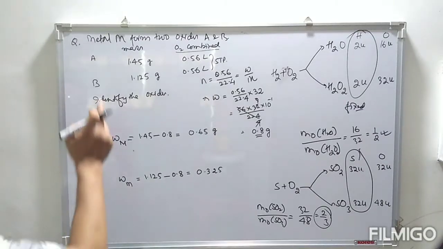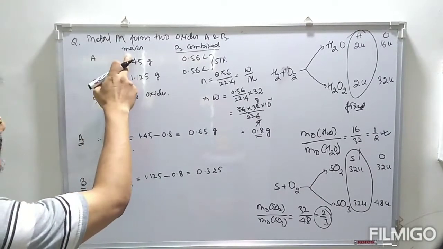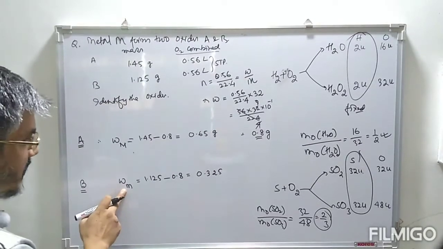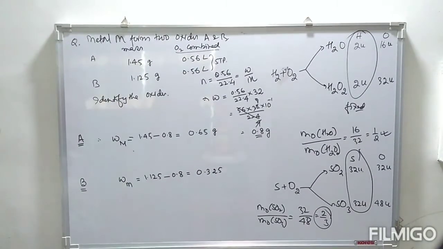So we have the mass of metal, mass of oxygen. We have the mass of metal, mass of oxygen.